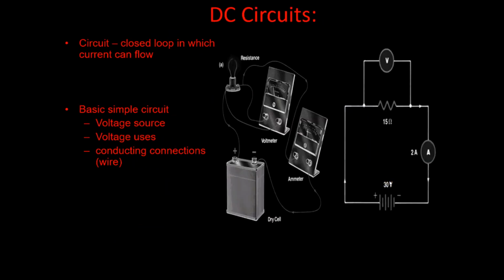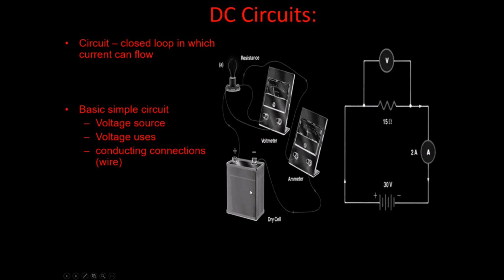And if I ever ask you to draw a circuit diagram, what I'm really not looking for is this. If you draw a diagram of a circuit with a voltmeter and an ammeter, a voltmeter measuring voltage, an ammeter measuring current, which have nearly universally been replaced by multimeters, which do both of these functions, but still, voltmeter here is a V, this is an A. And then we've got a bulb and a battery.